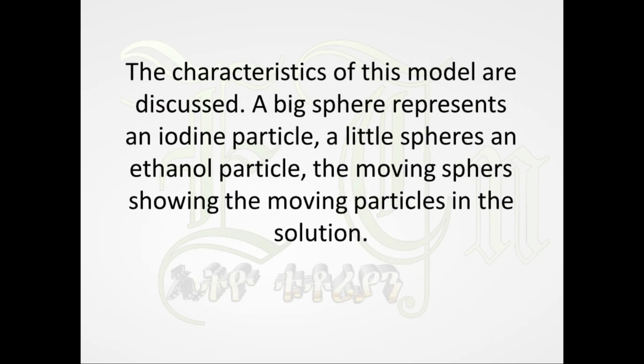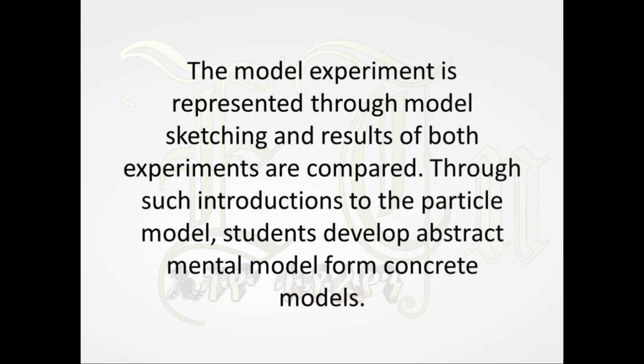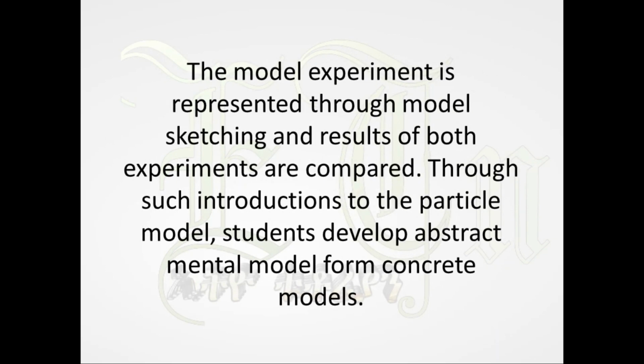The characteristics of this model are discussed. A big sphere represents an iodine particle, a little sphere is an ethanol particle, and the moving spheres show the moving particles in the solution. The model experiment is represented through model sketching, and results of both experiments are compared.